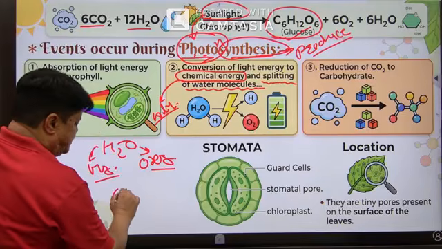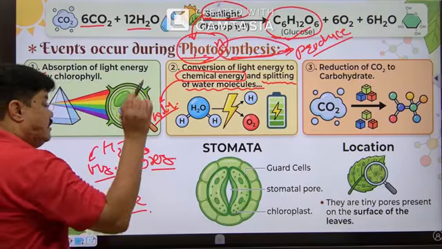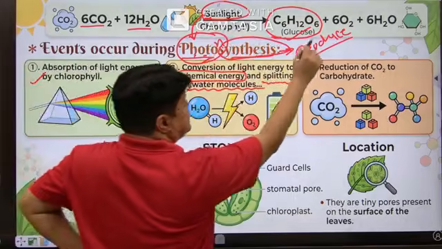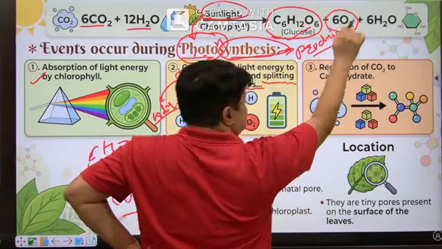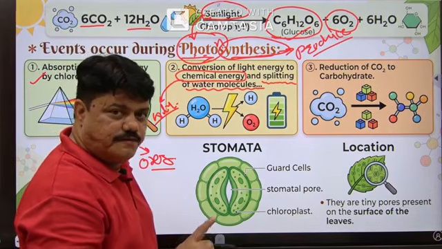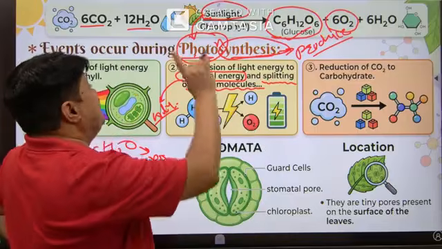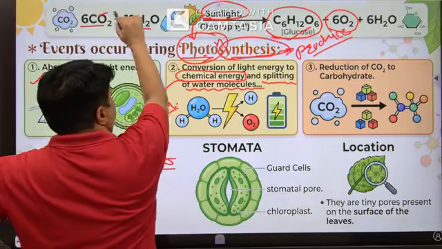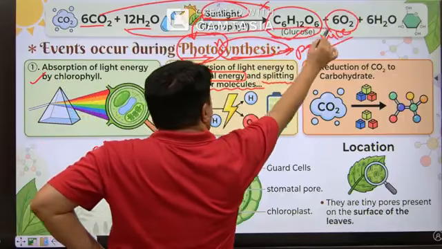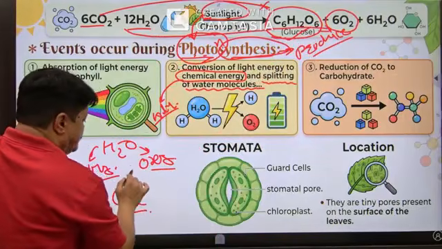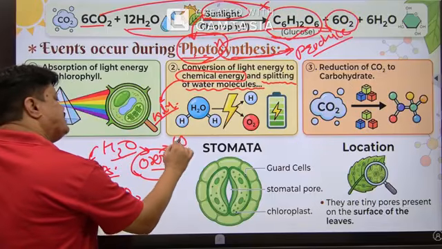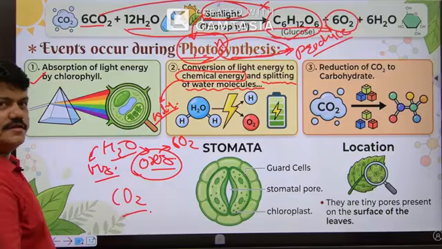Another substrate is CO2. Here we must remember that the 6O2, or oxygen, which is released into the atmosphere at the end of the photosynthesis reaction never comes from CO2, but always comes from H2O. This oxygen from H2O will give rise to 6O2.